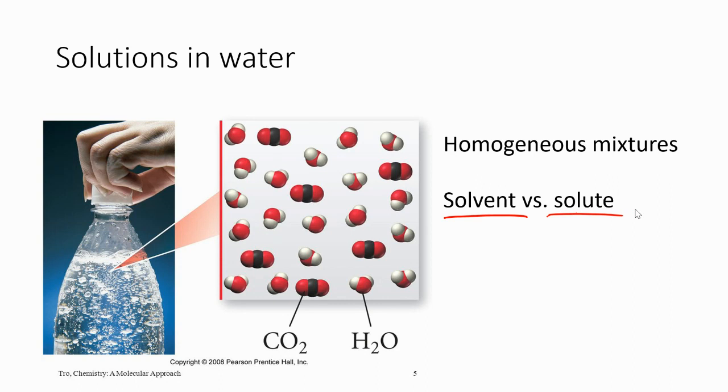It is going to be the particle that we have less of. So in this solution right here, we have more water molecules surrounding carbon dioxide molecules, water being the solvent and carbon dioxide being the solute.